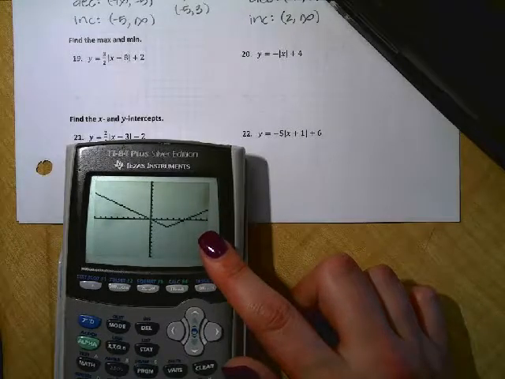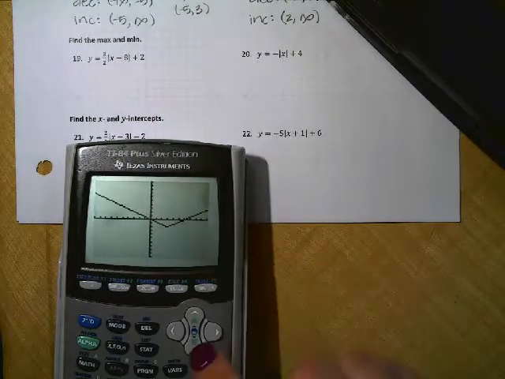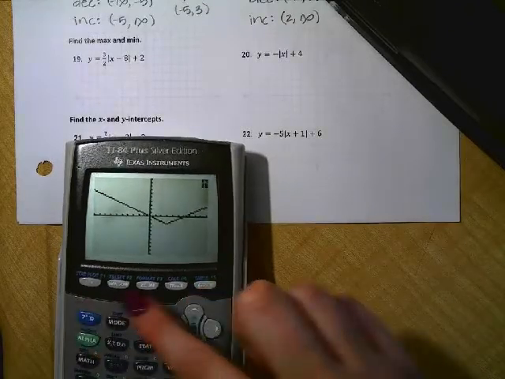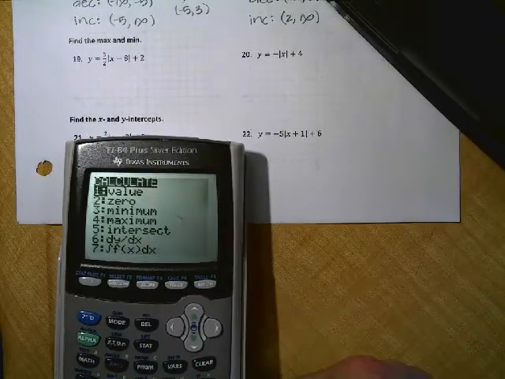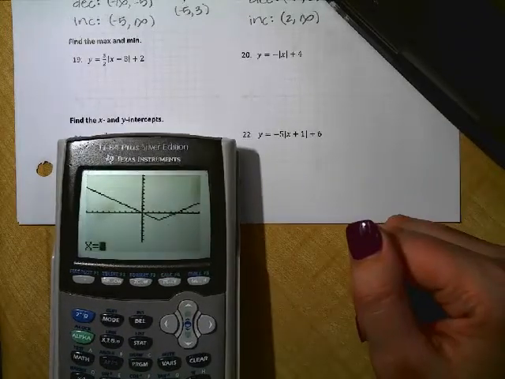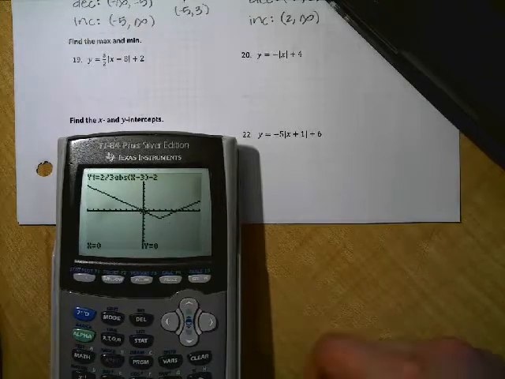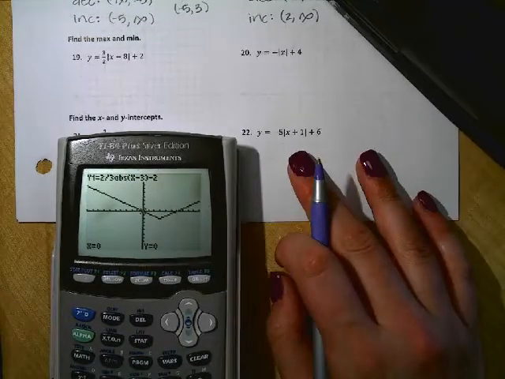So how do I find the y-intercept? Yeah. So you hit second trace and then do the value of 3.0. Okay, so second trace, option number 1, plug in 0. So 0, 0 is the y-intercept.